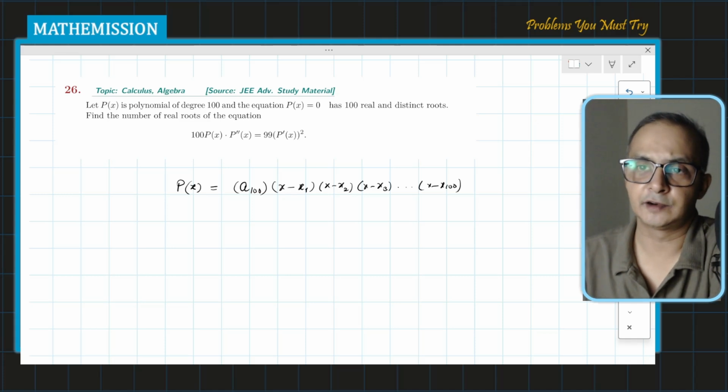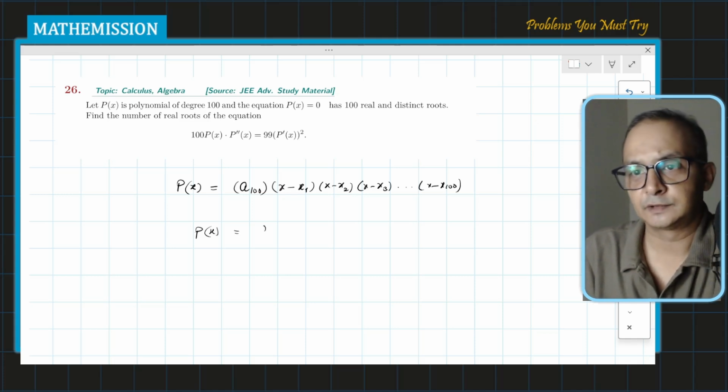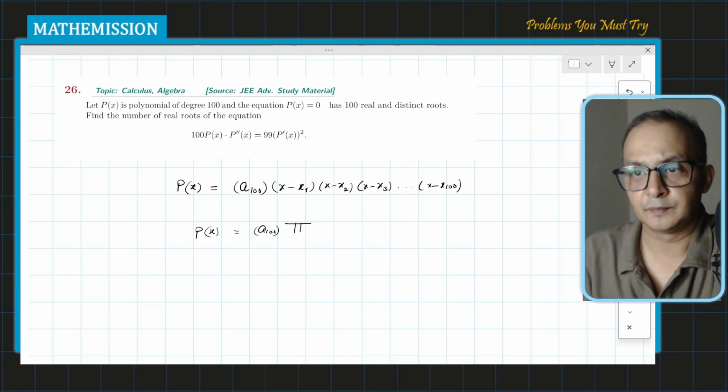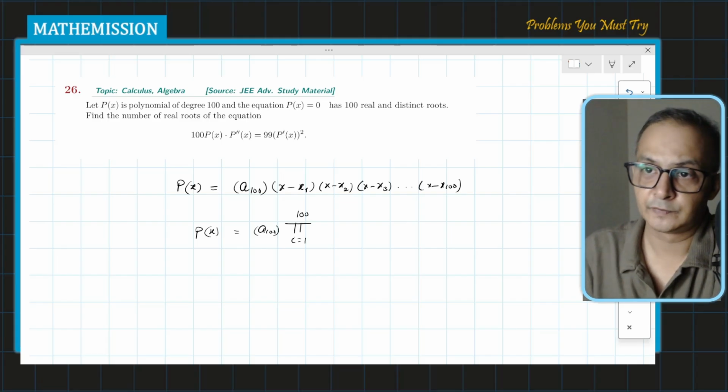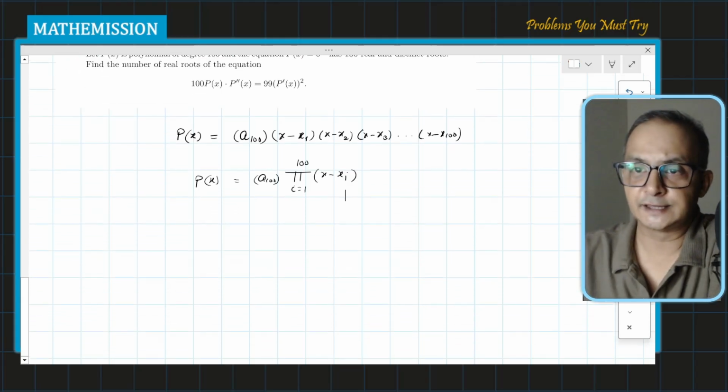These are their 100 roots. So I can write them in this way also, a100, and then I'm writing this thing pi means the product, i goes from 1 to 100, x minus xi. In this way we concise this polynomial.